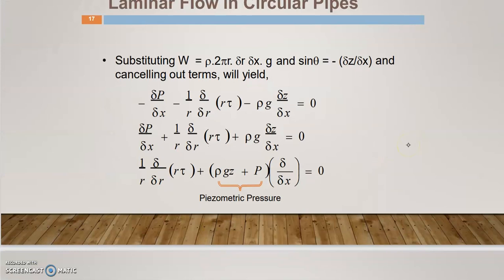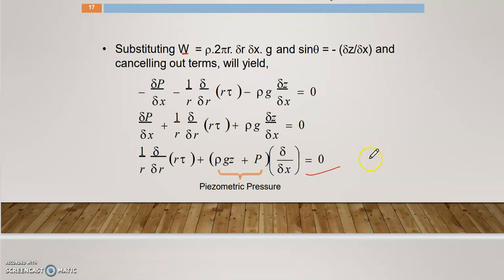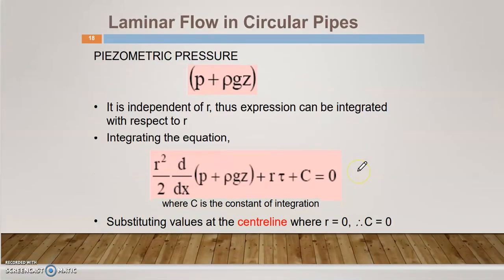By substituting the weight W into this equation, we differentiate all of this, and at last we get the piezometric pressure. So the piezometric pressure is equal to P plus rho g z. So it is independent of r.